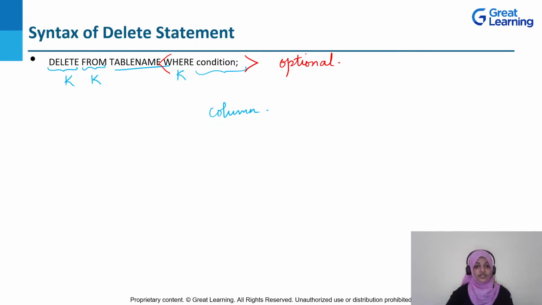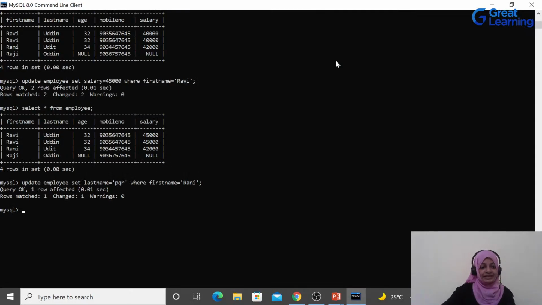Okay, so let's go quickly onto the hands-on. Now that we've understood what the syntax of the delete statement is, let us say we want to delete records. We are again using the same employee table and we are completely fed up of seeing two Ravi records from here. So what we're going to do is completely remove those Ravi records. So we are deleting from the table.